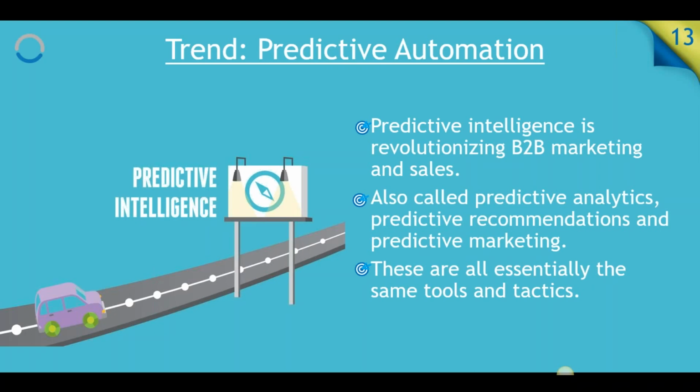And it pretty much adopts the same tools and tactics we have, but with an intelligence layer that sits on top of it. So if you think about artificial intelligence in some areas or some technologies, predictive automation has some sort of an AI in it that helps you trigger smarter messages.